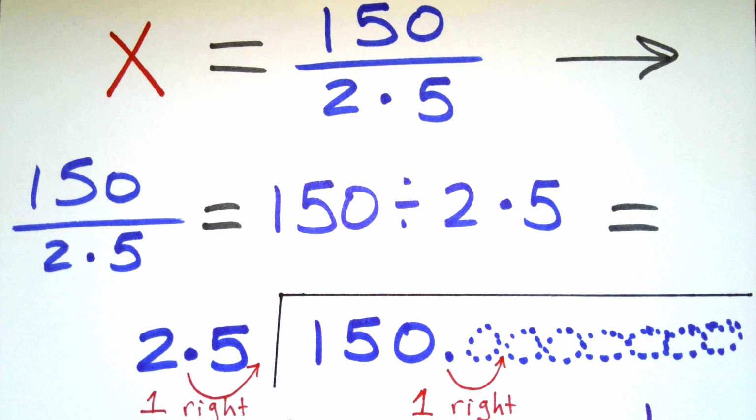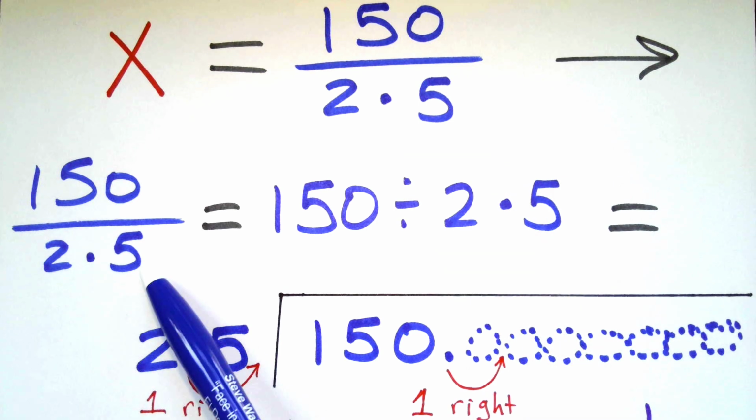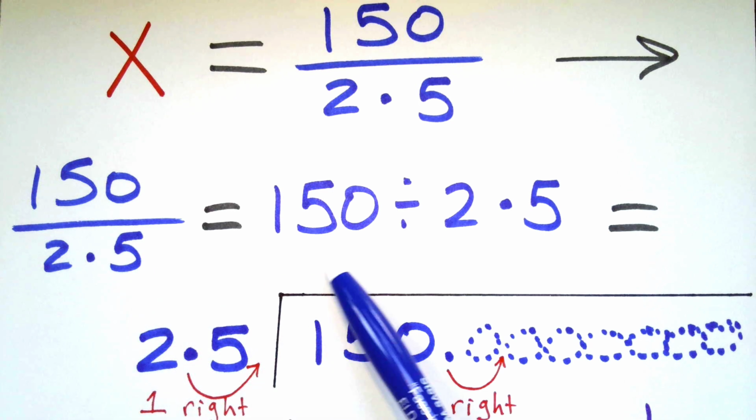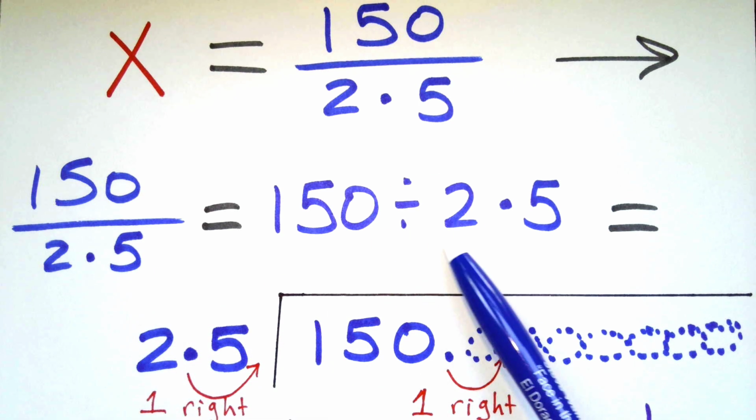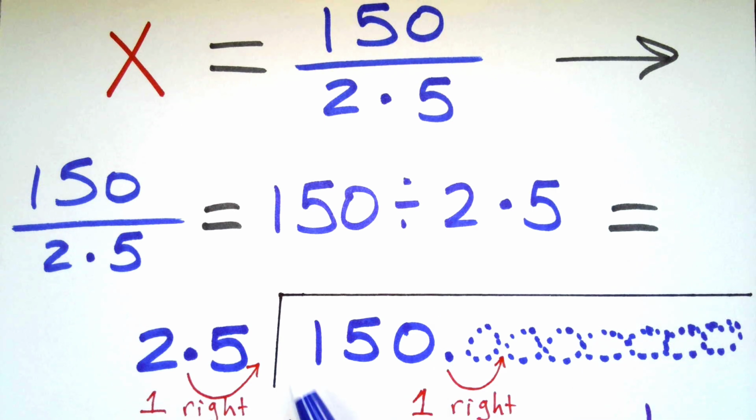So again, there are 3 ways to write a division problem. 150 divided by 2.5, or 150 divided by 2.5 equals, and then 150 with the divisor bar and 2.5 on the outside. Quick review, we're going to take that decimal on the outside with 2.5 and move it one place to the right to create a whole number.